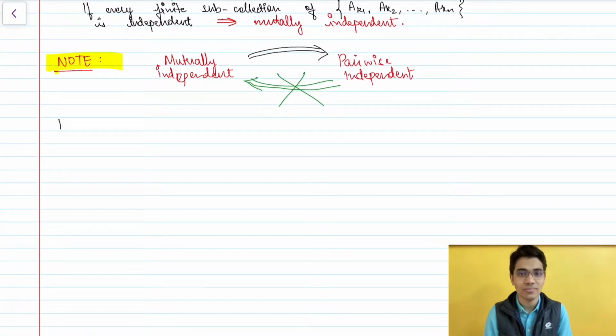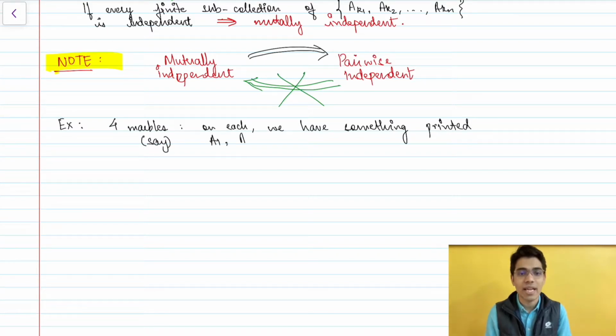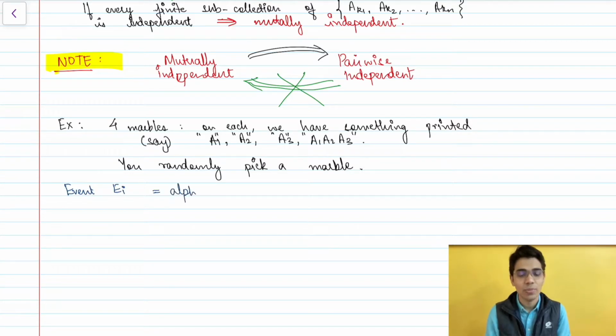Let us take an example of four marbles with each of them having a particular letter written on them. Let's say those letters are A1, A2, A3, and the fourth one having A1, A2, A3 together. You randomly pick a marble and let us define event Ei to be alphabet Ai appearing on the marble when it is picked.